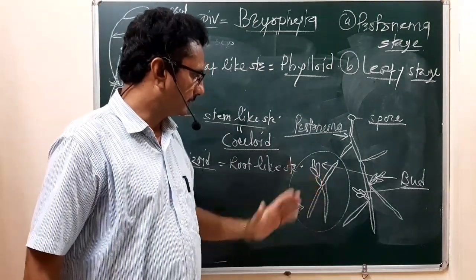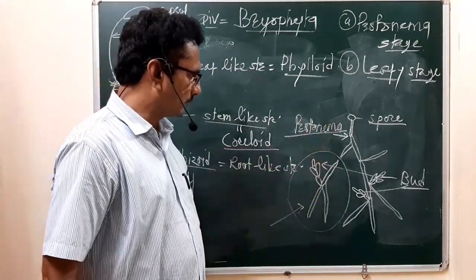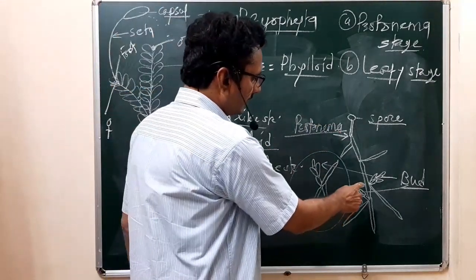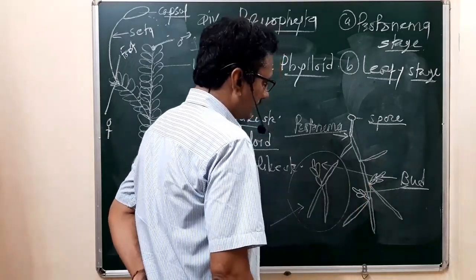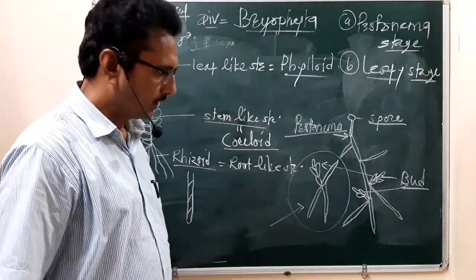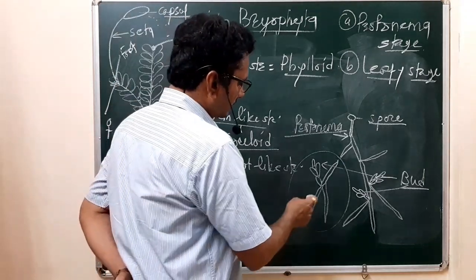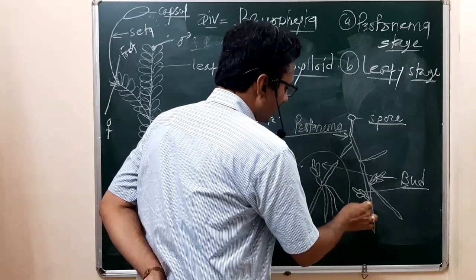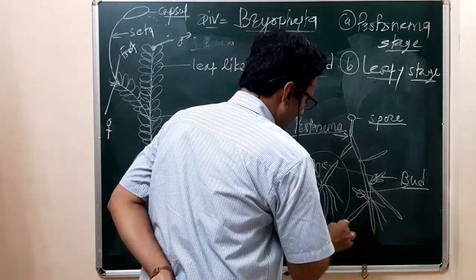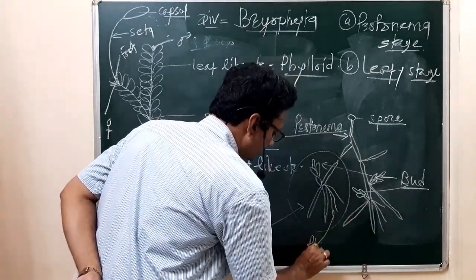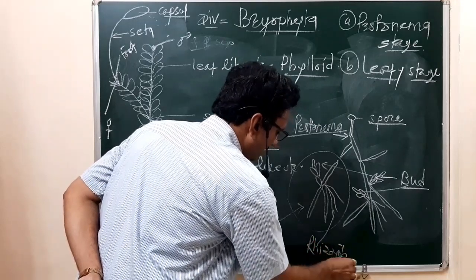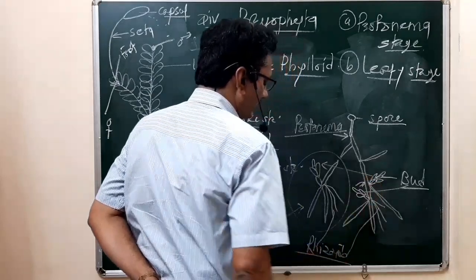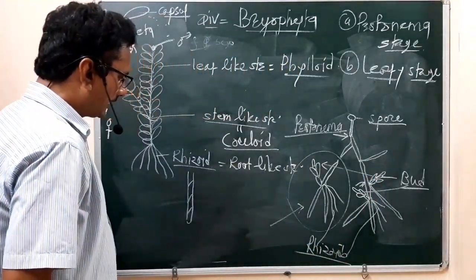The protonema is formed from these spores, and the buds present over the protonema sprout and form new young ones. At the same time, just on the lower side of those buds, rhizoids are developed.